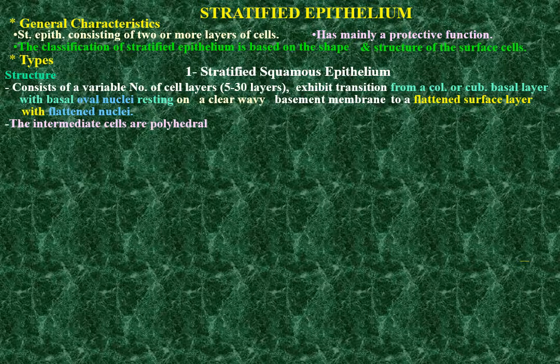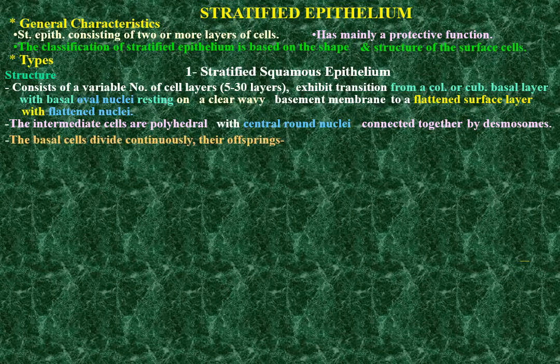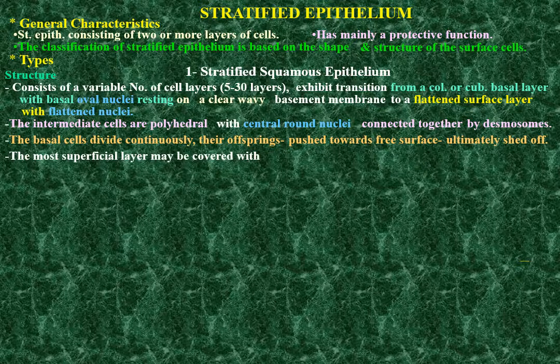The intermediate cells are polyhedral with central round nuclei connected together by desmosomes. The basal cells divide continuously. Their offspring are progressively pushed towards the free surface where they are ultimately shed off.